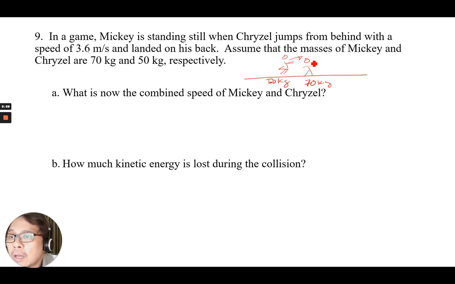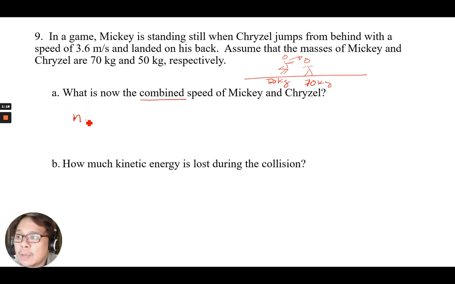So this is inelastic collision because initially they are separated and then afterwards, after collision, they are now together and they are having a combined speed. So the question is, what would be the combined speed?